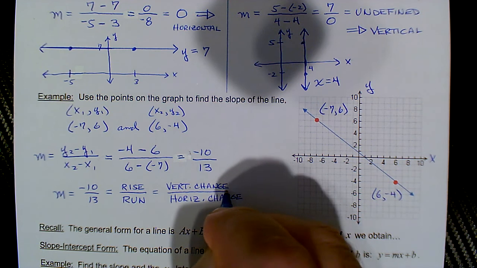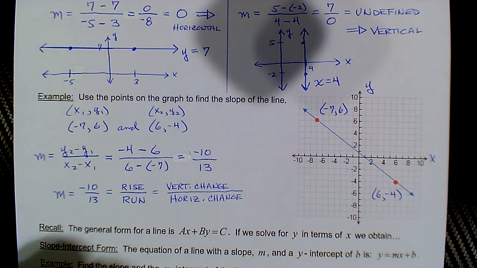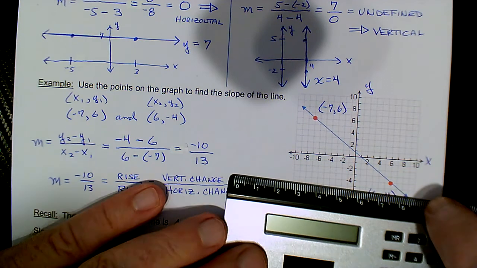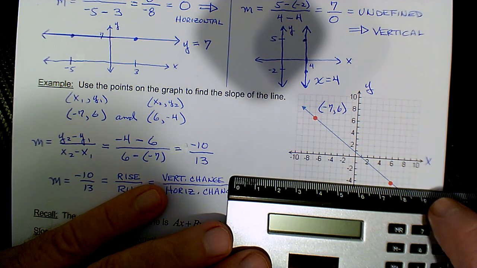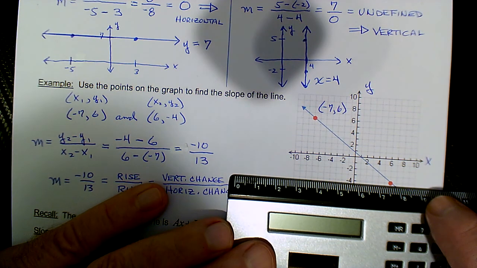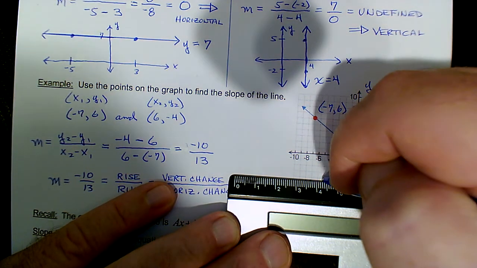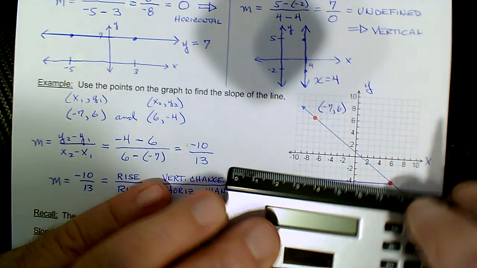But see, it's negative because if we start at this point, we first go down 10 units and then to the right 13 units. So it's a negative change in y and a positive change in x, hence the slope is negative.